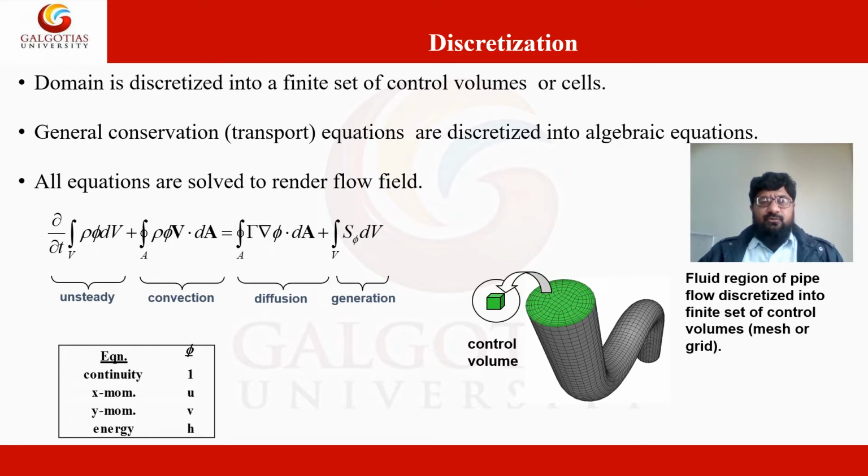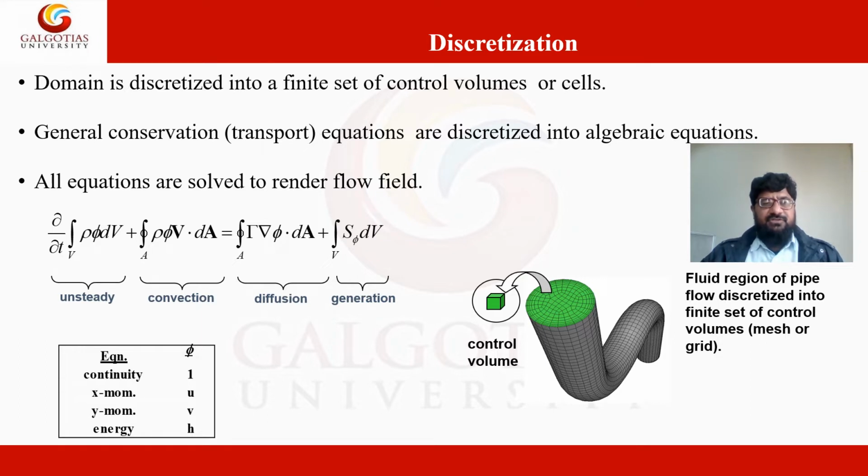So let us have a look at the general conservation equation in a condensed form, del by dt of rho phi dV, and like this. This is a very condensed form of the general conservation transport equations. There is an unsteady term, there is a convective term, there is a diffusive term, and there can be a generation term.